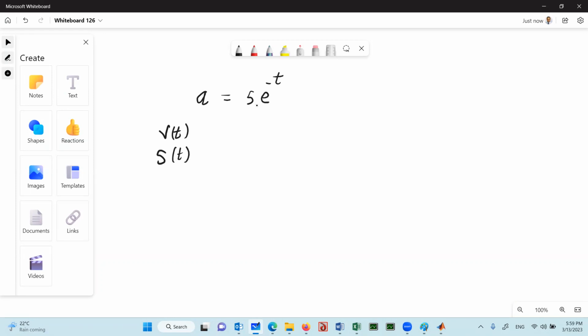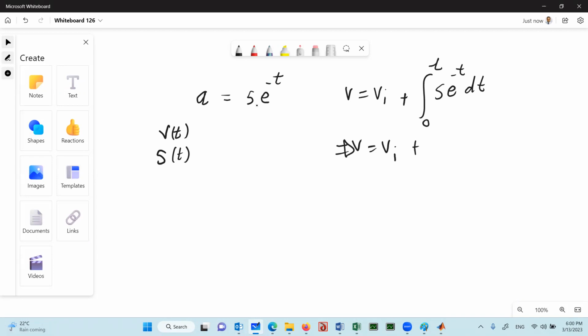To integrate this, you know that we find the initial velocity plus integration of 5e minus t times dt from 0 to t. We end up here with v equal to vi plus integration of this.